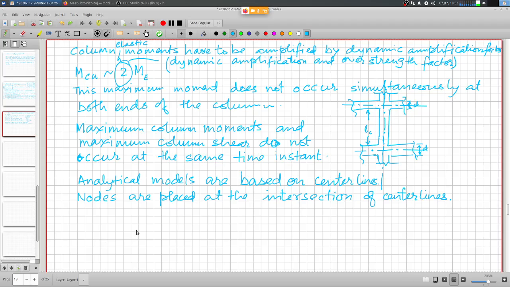Right? So whatever moments and shear forces that you are calculating, those are calculated at this center line, center point. This is the node. Right? So this is the node, this is the node.